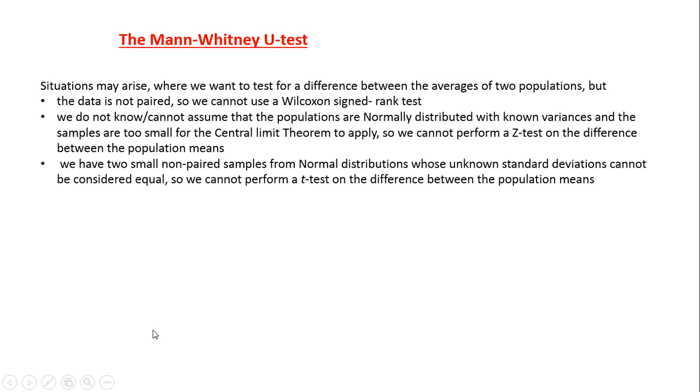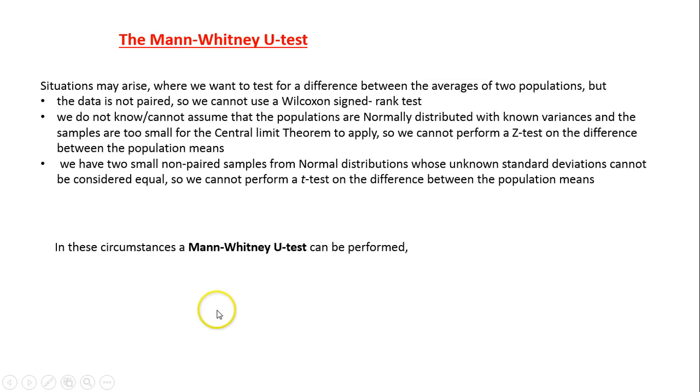We have two small non-paired samples from normal distributions whose unknown standard deviations cannot be considered equal. So we cannot perform a t-test on the difference between the population means.